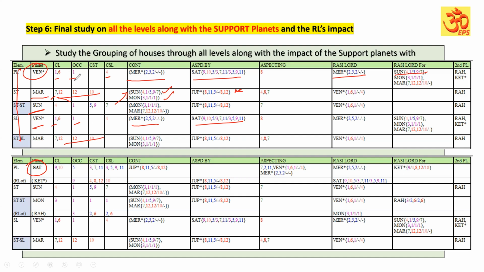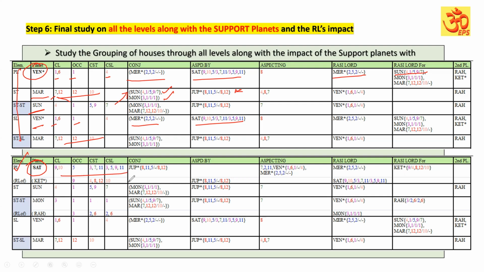But unfavorable strength is present and favorable strength is also present. So it is not a very good planet, but it is not a bad planet either for marriage, because it is getting support from the support planets, and in itself it is not forming a strong unfavorable grouping chain.